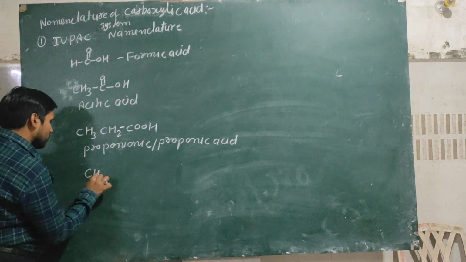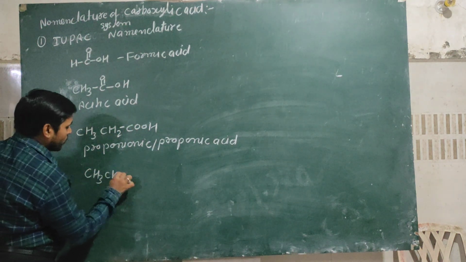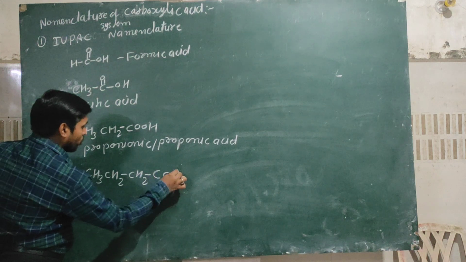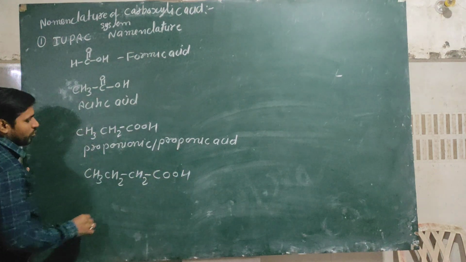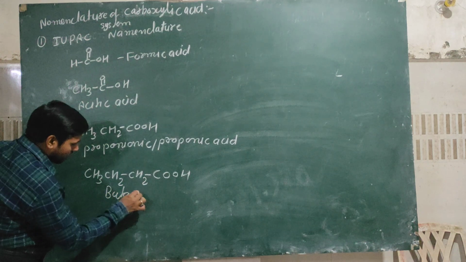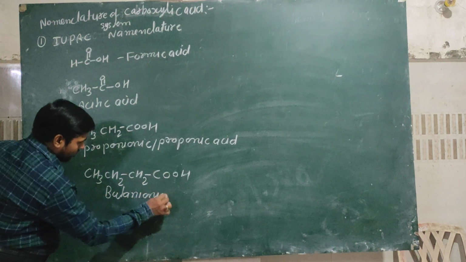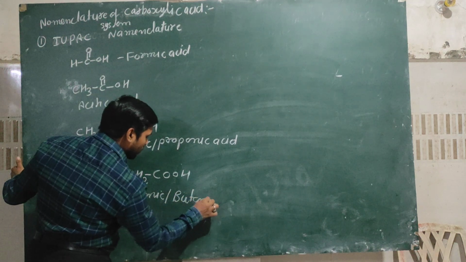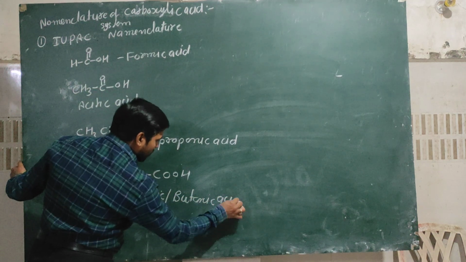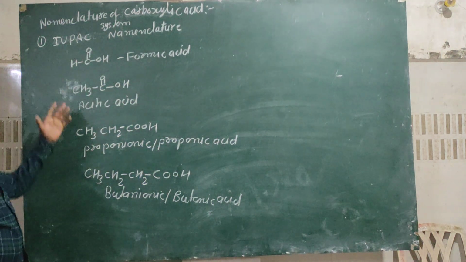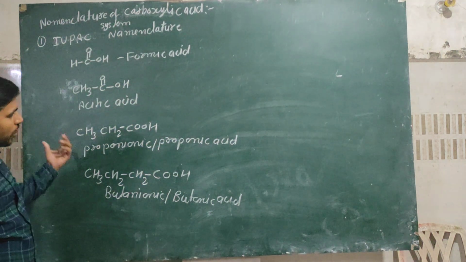Similarly, CH3 CH2 CH2 COOH, it is butyric acid, butanoic acid. This is the common system of nomenclature of all types of carboxylic acid.